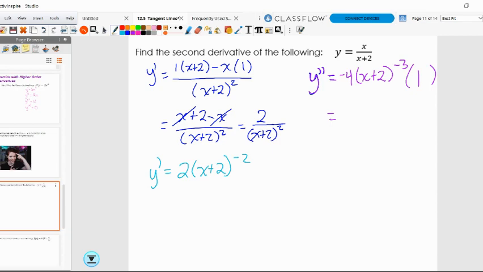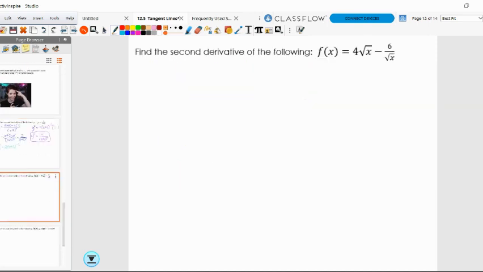So if I want to go ahead and rewrite that, that is going to look like a negative 4 in the numerator. The x plus 2 is going to go to the denominator where its exponent will become positive. And that's our second derivative of that function. Okay, didn't that make that so much easier doing our chain rule like that? Okay, so remember you can rewrite those equations if you'd like. Let's try another one.